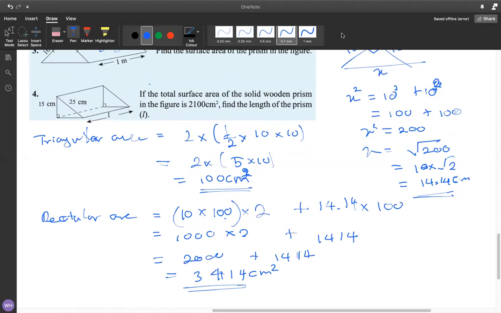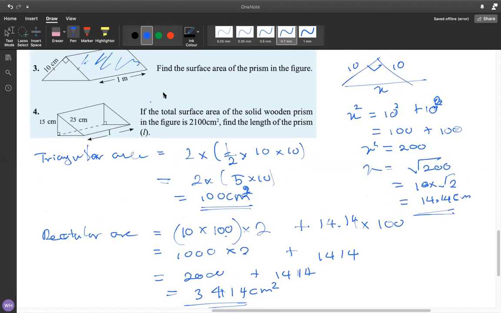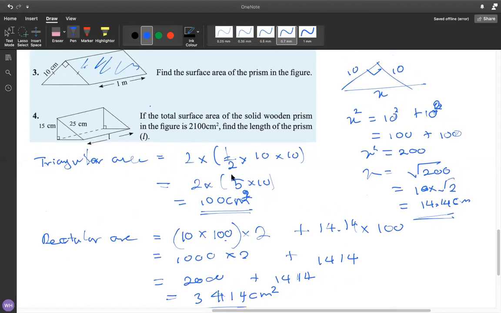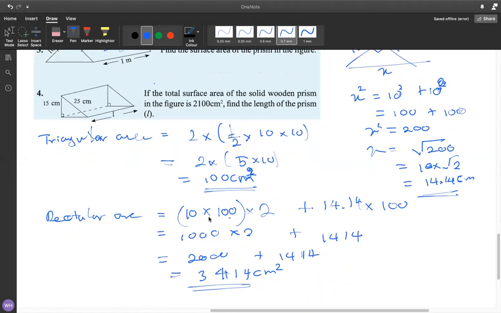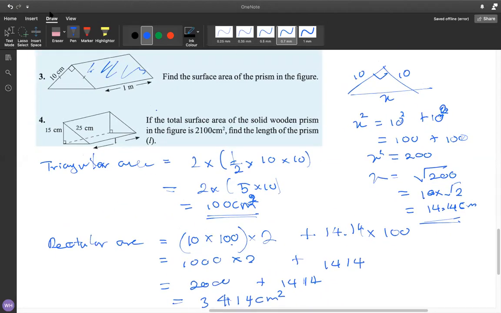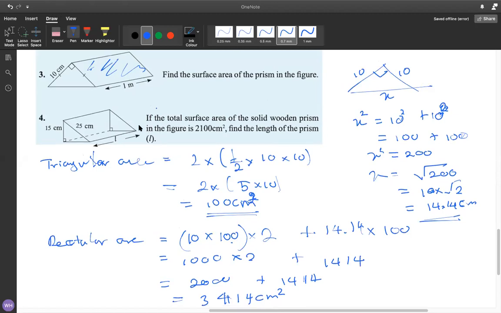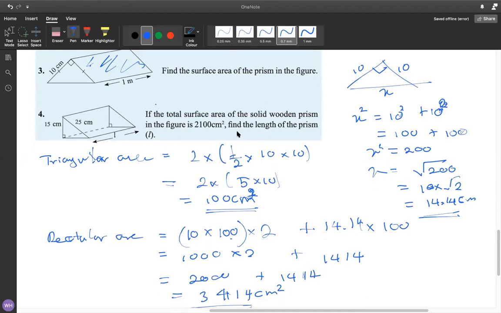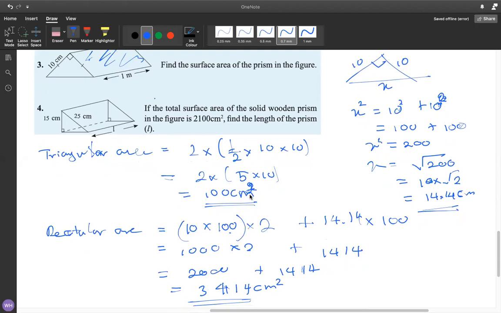Sir, in this triangle and this rectangle, we need to add one, right? Which one, son? The third one. I have added this triangle. Okay, there is a small mistake, but how many rectangles are there? The rectangles are there, right. You need to add this 100, right?